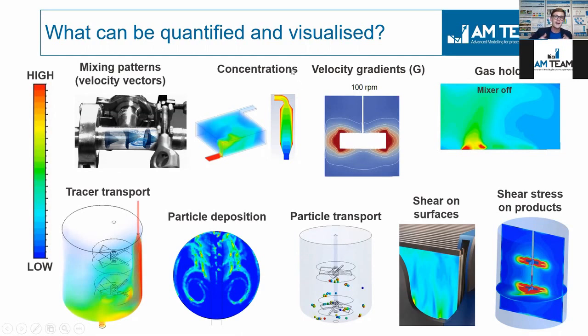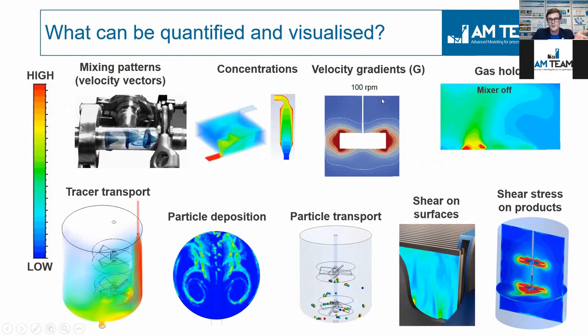If you include kinetics in your CFD simulation, you can visualize in 3D space your concentrations of interest. For example, at the left here is a fermenter where you see the concentration of a specific nutrient. At the right, this long reactor is a chemical oxidation reactor. So you can really visualize concentrations in 3D using CFD if the kinetics are used.